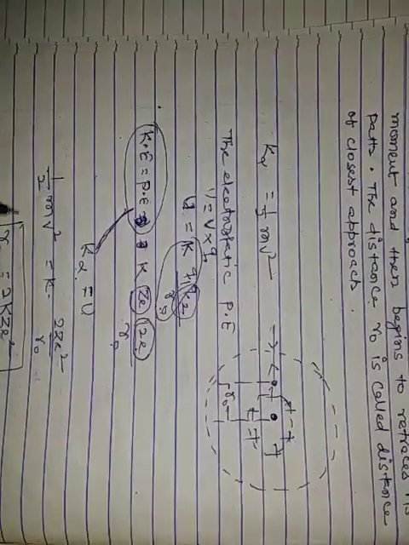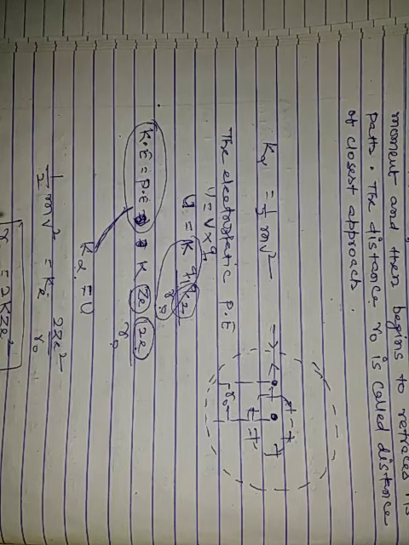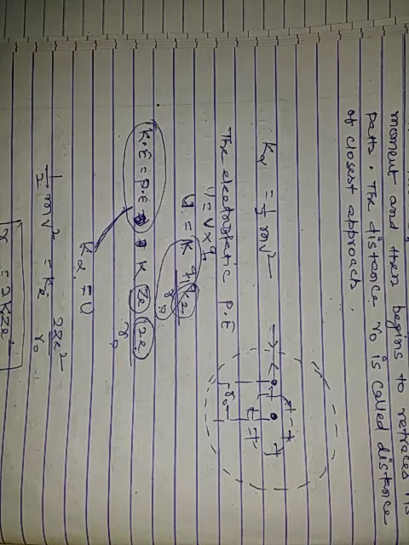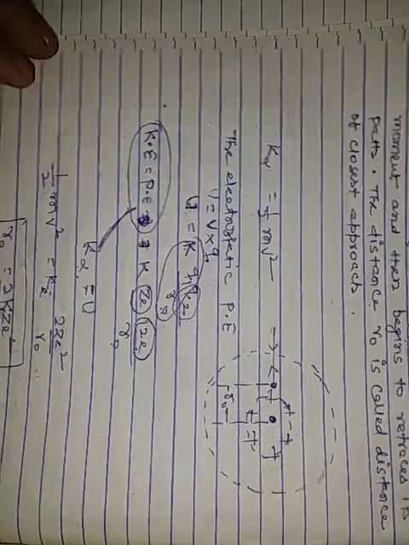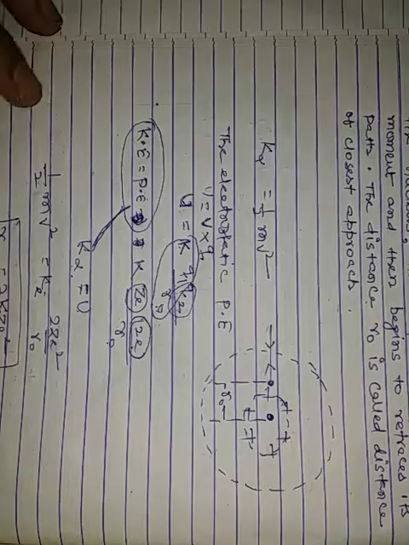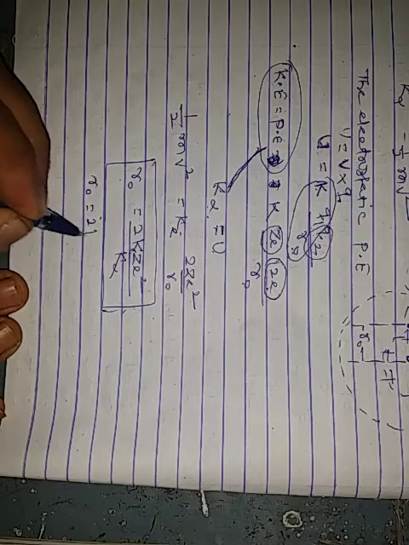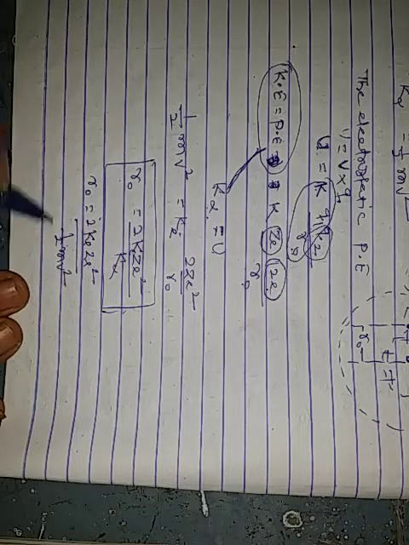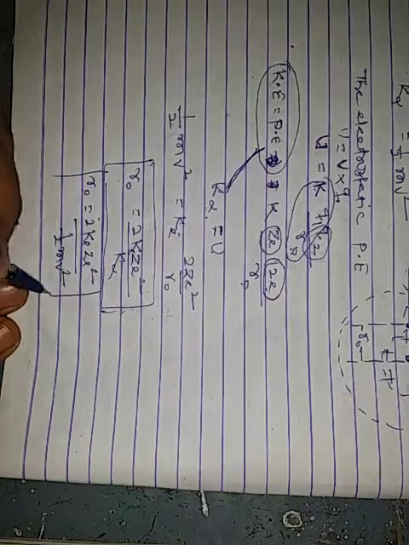So half mv square is equal to K times 2Ze square by R0. So R0 is equal to 2KZe square by K alpha, where K alpha is equal to half mv square. This is the distance of closest approach.